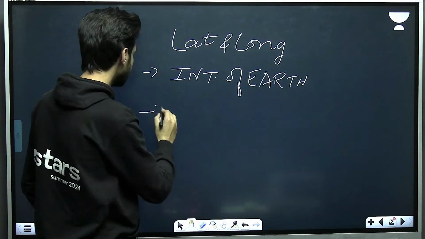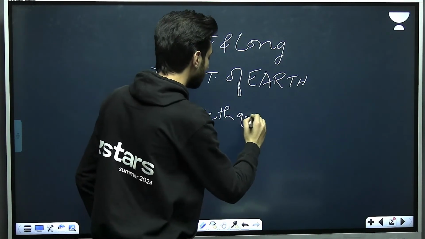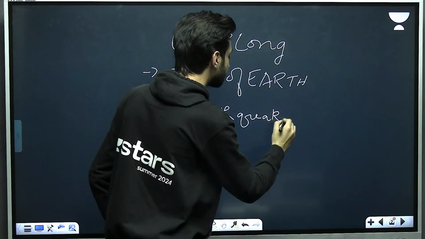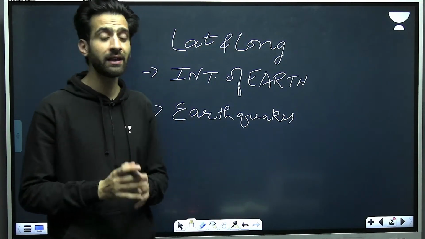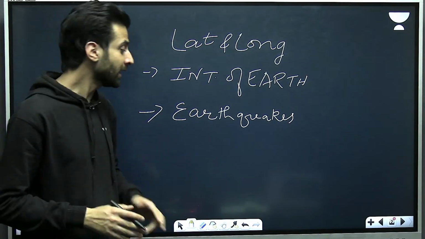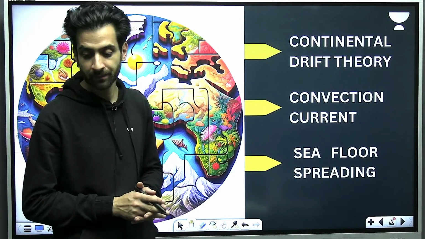We also did the earthquakes as well. Now, earthquakes was a very important chapter for us to understand the interior of the earth with the help of the seismic waves. Today, we'll be dealing with 3 very important theories.